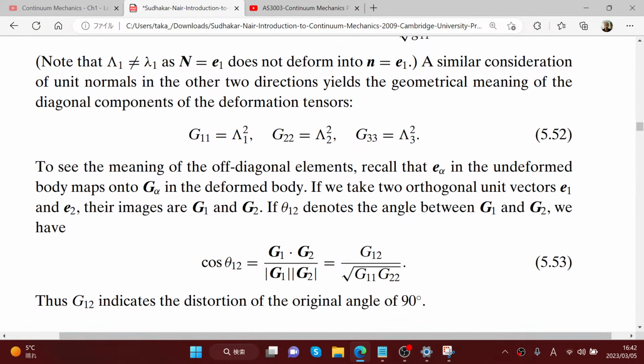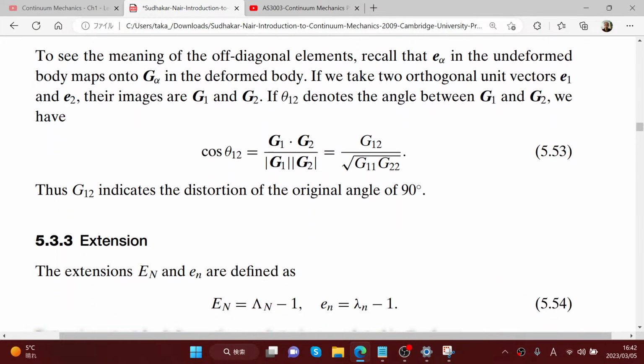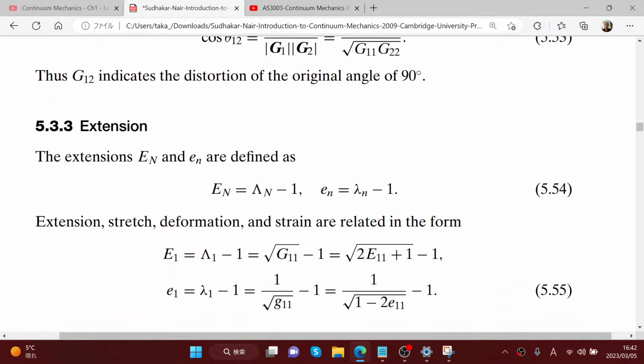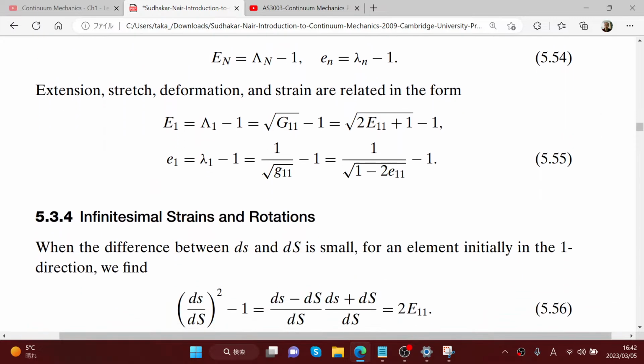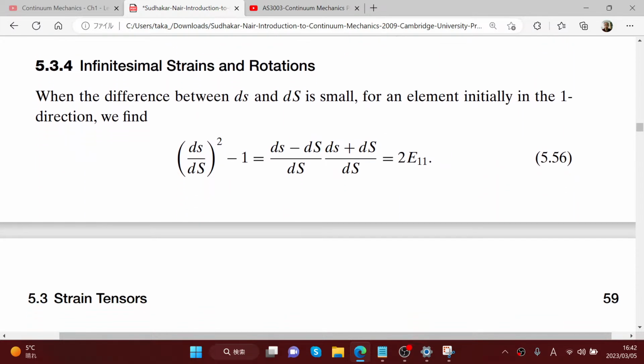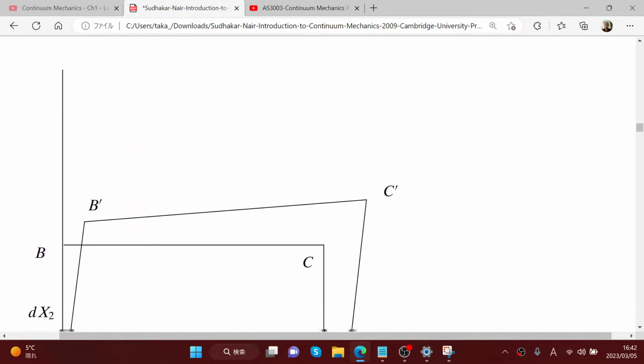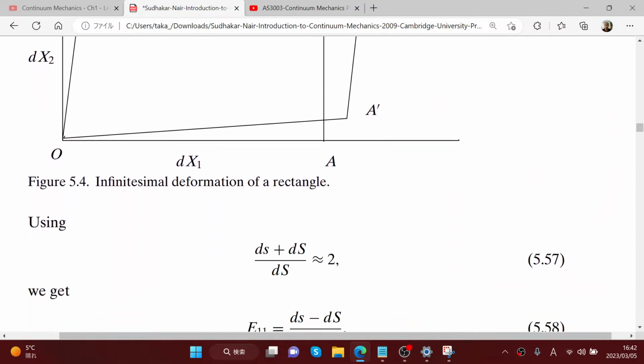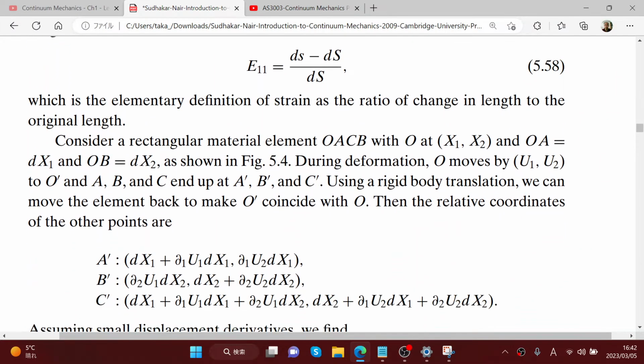A similar rotational strain rotation. Oh my god.